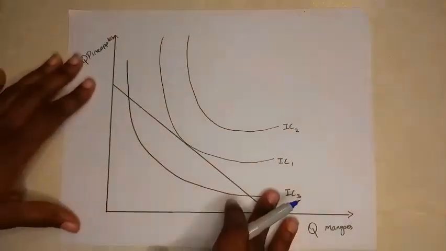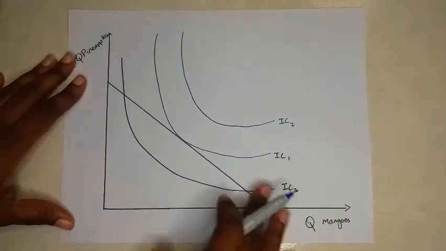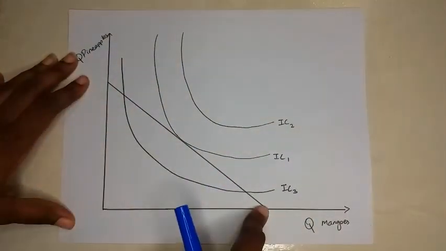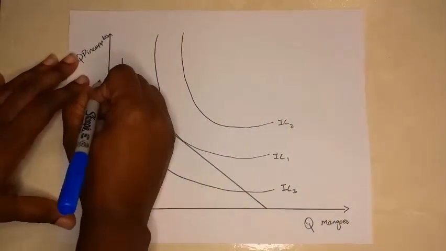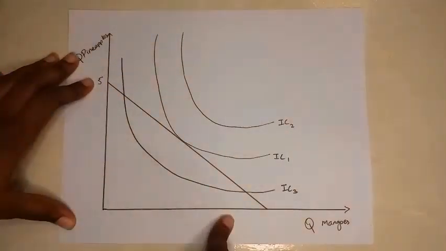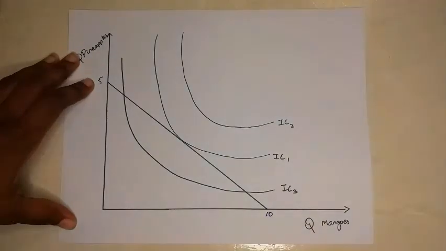So if we were to have an indifference map showing several indifference curves, because the amount of indifference curves we'll have would be infinite, this keeps going, right? We'd be constrained by our budget line here of, let's say, 5 units of the pineapple and the maximum here 10 mangoes.